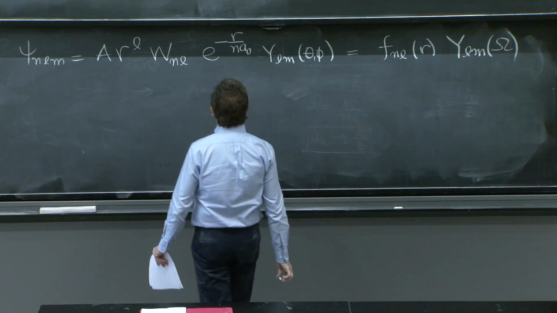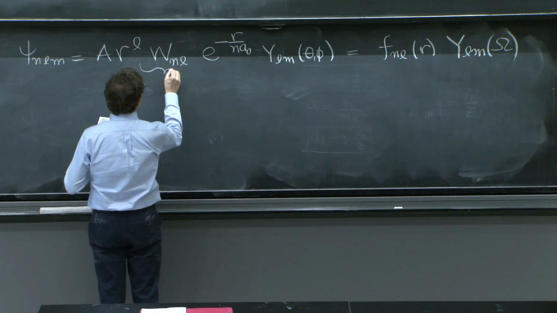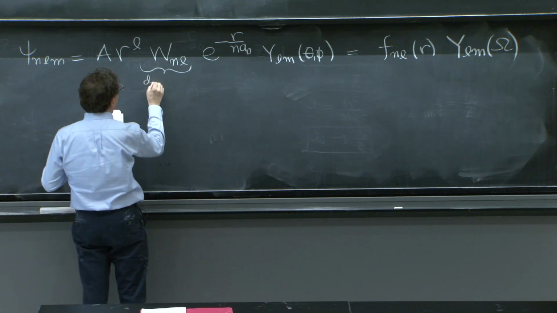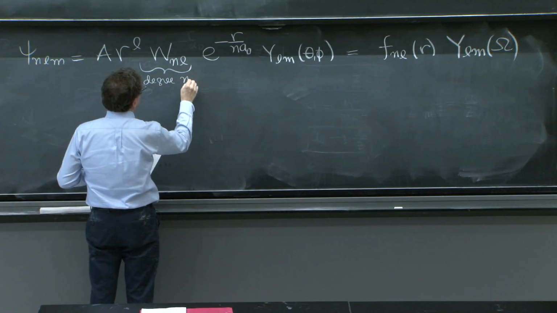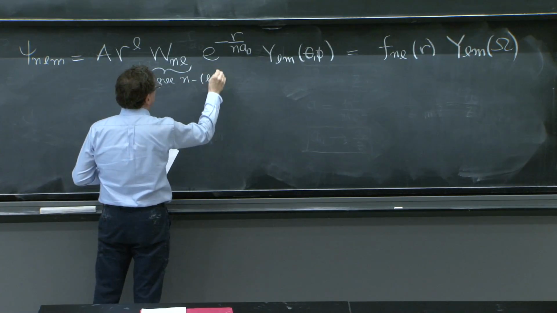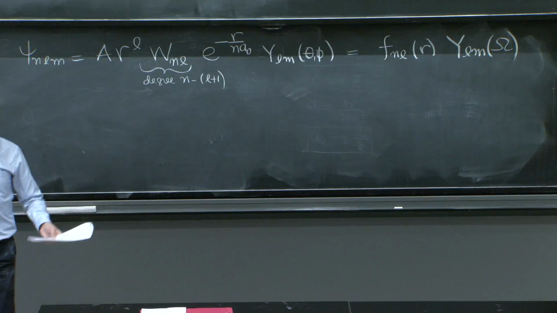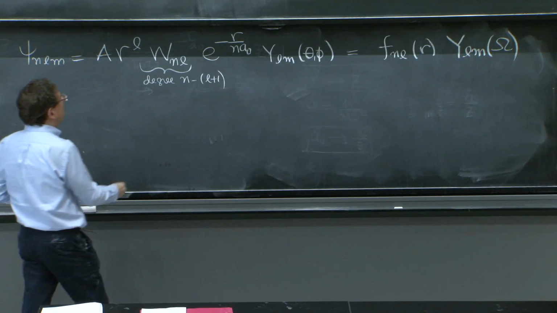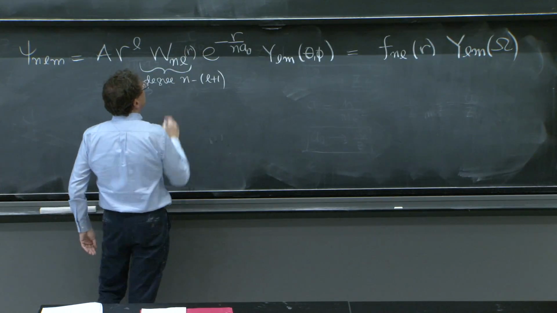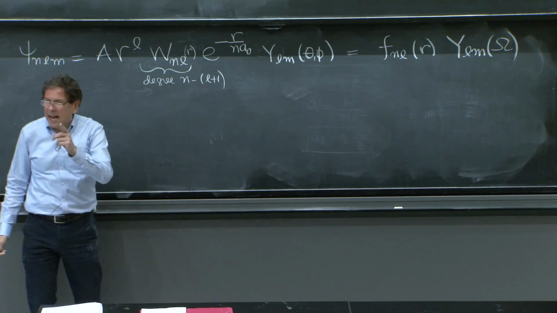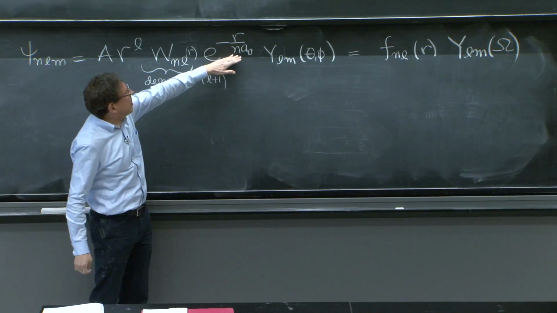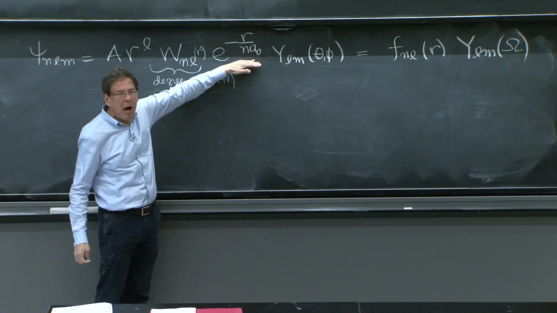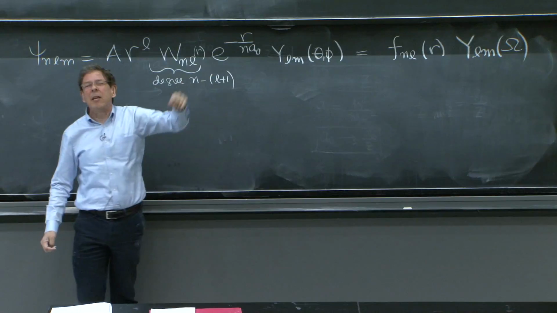And what do we know about this polynomial? It's of degree n minus L plus 1. That's it. And it depends on r. So what we're looking at is what was the error in thinking that the typical r was n a naught.